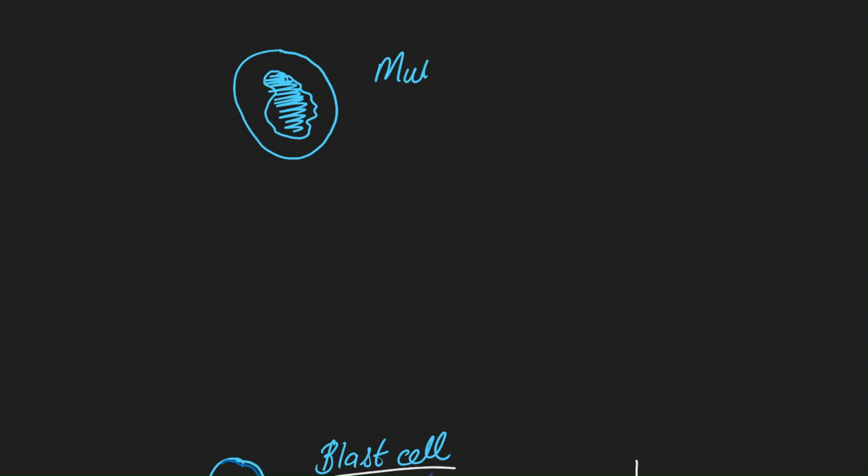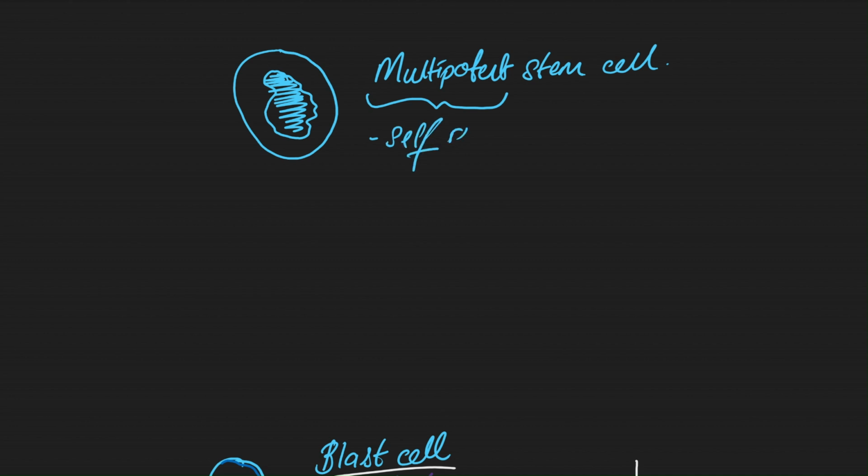But this is not where the process of hematopoiesis starts. It starts with the multipotent stem cell. A multipotent stem cell has two main properties. The first one is that it is able to self-renew or make copies of itself. The other property of multipotent stem cells is their versatility, in that they can develop into a limited range of specialized cells within a specific organ or tissue.